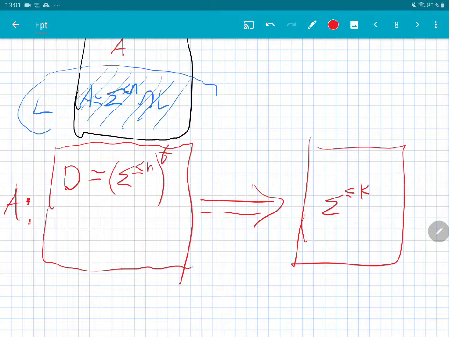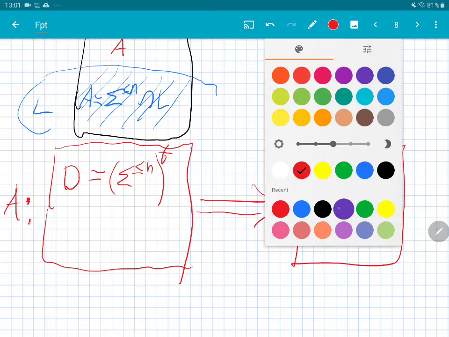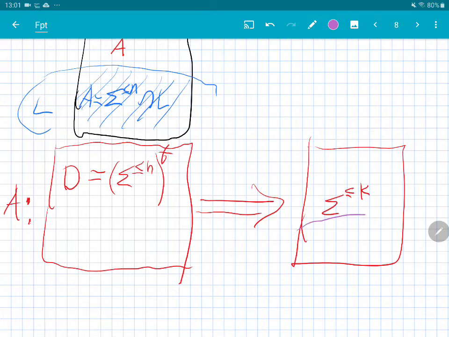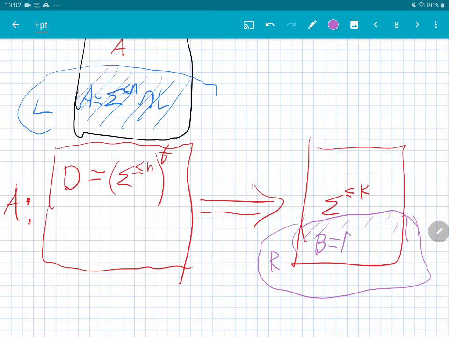Now, of course, we're not interested in all the tuples. So we have the language R, and we have the intersection, which we are going to refer to as B. B is R intersection with strings of length at most k.